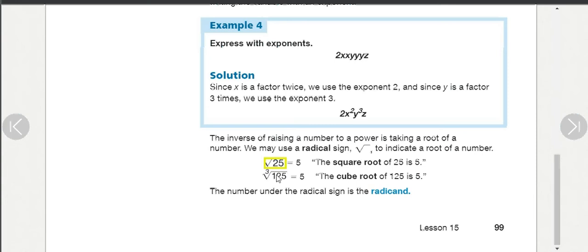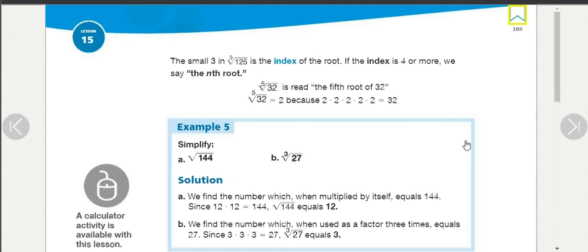The cubed root, or the third root of 125, so we can say square root, we can say third root, or we can say cube root, is 5 because 5 times itself 3 times is 125. The number under the radical sign, like the 125, the 25, those are called the radicand. Lots of terms here. This little 3 is called the index of the root.